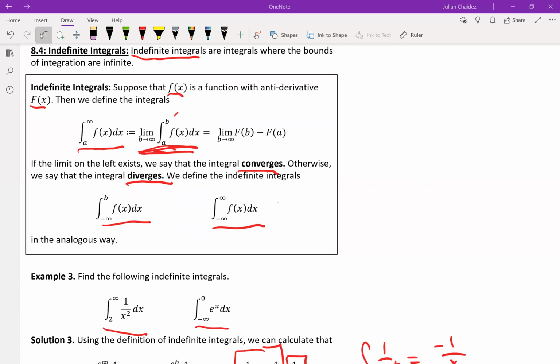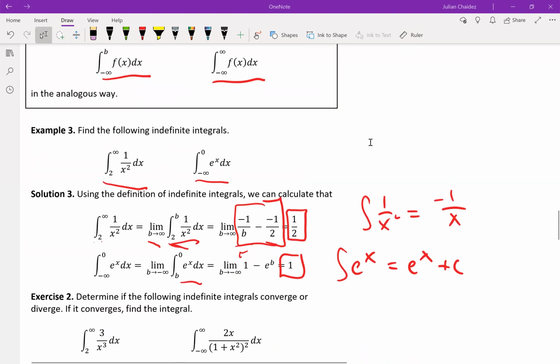Instead of writing it as a limit as b goes to infinity of this integral from a to b, you just replace the b with an infinity. These improper integrals are just notation for that. And they're basically not harder to evaluate than normal integrals. That's the point, they're the same. You just have to know how to do normal integrals, and you need to know how to take limits.